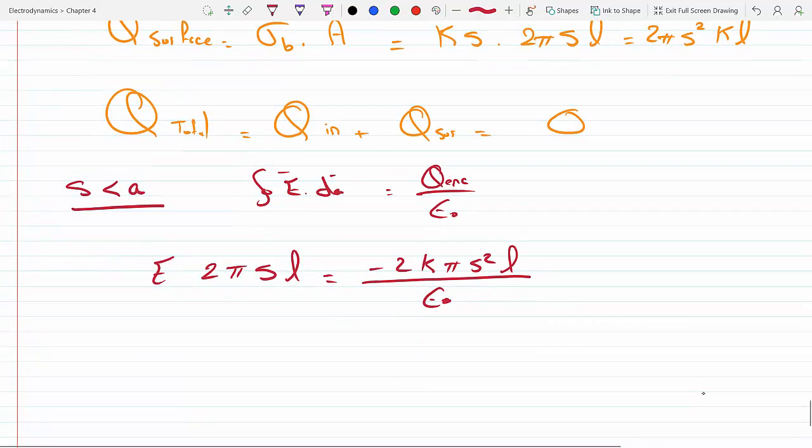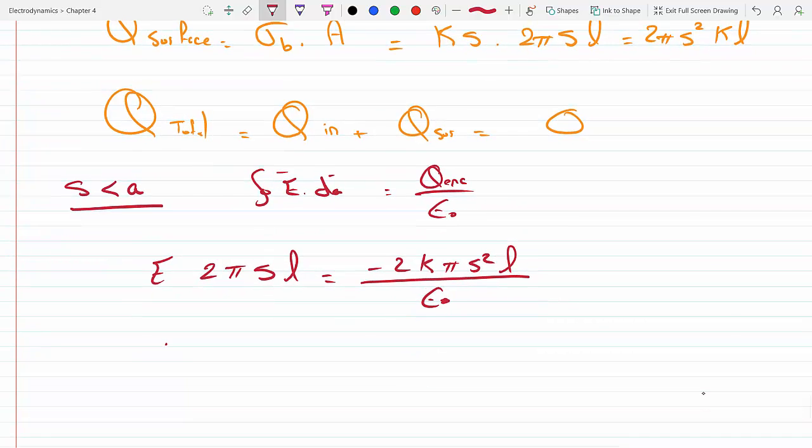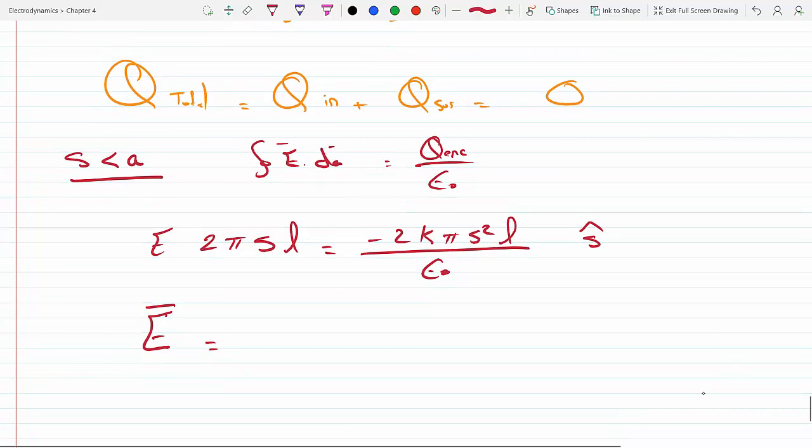Simplify this and we will get E to be, now remember this is radially symmetric, so this will be in the S direction, so I could put an S hat here. The L goes away, independent of the length of the cylinder.